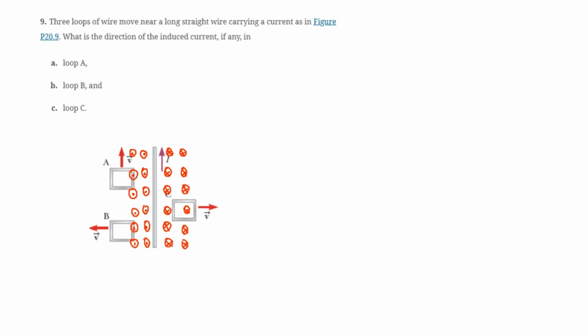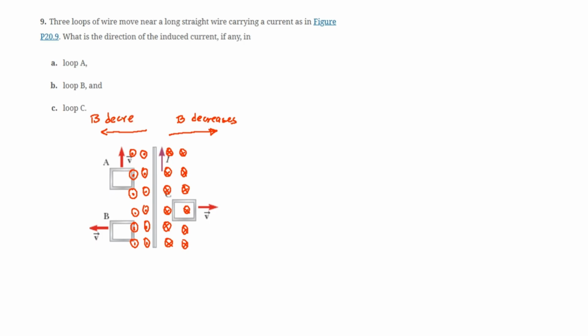So the value of B decreases as you move from the wire to a point that is farther away from this wire. So as you move away from the wire, the magnetic field decreases, right? Now, when you move along the wire, the magnetic field doesn't change.